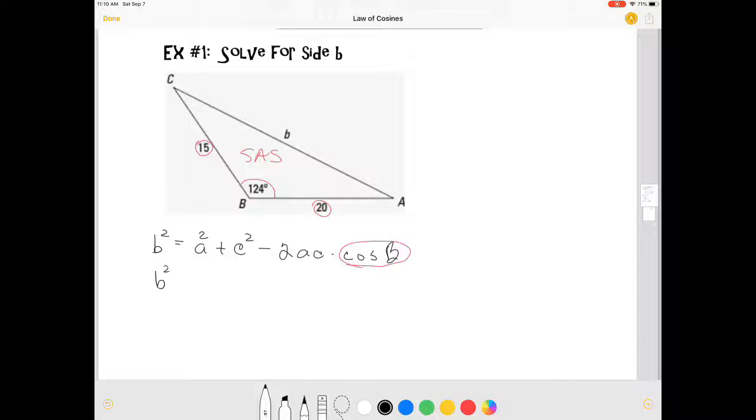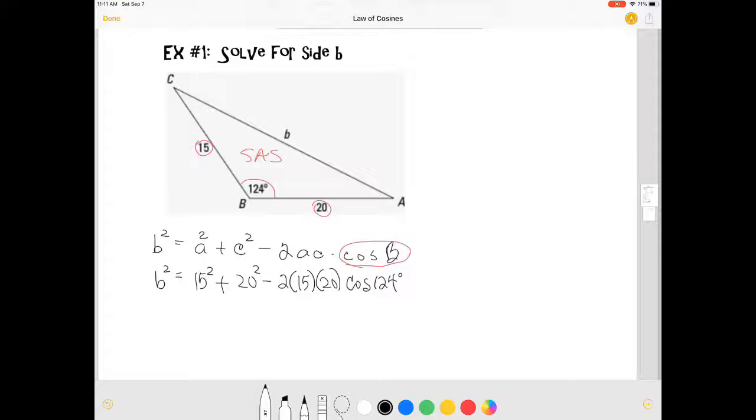So B we're solving for, so we get B squared equals, side A is the 15, because it's opposite angle A. Side C is 20, because it's opposite angle C, squared, minus 2 times A is 15, C is 20, cosine of angle B, which is 124 degrees, and I get that.